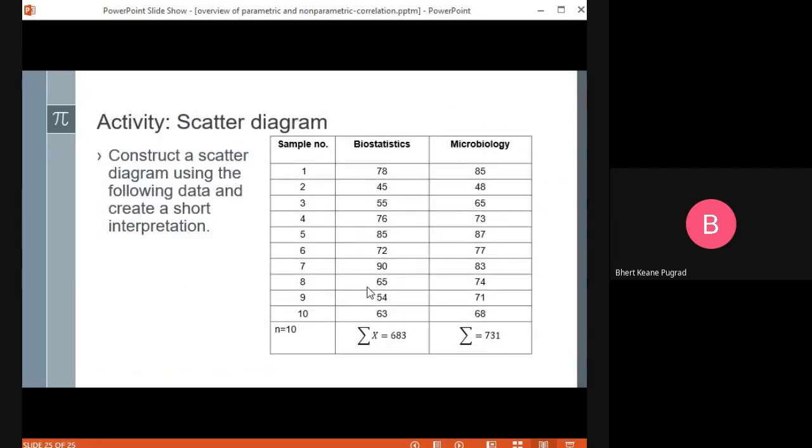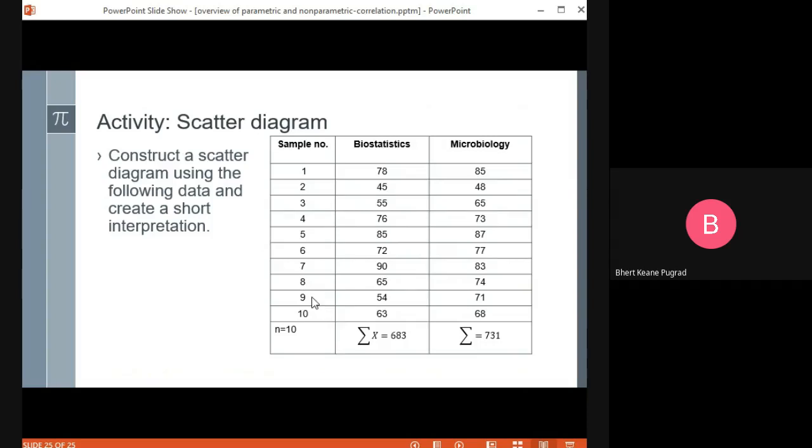And lastly, construct a scatter diagram using this given sample. So we have the value of x and the value of y. Then provide a short interpretation: whether it is a linear positive relationship, or an inverse or negative relationship.